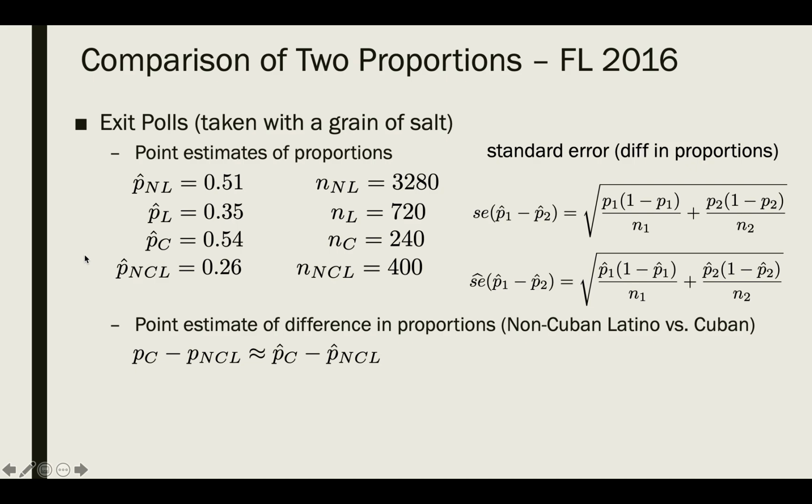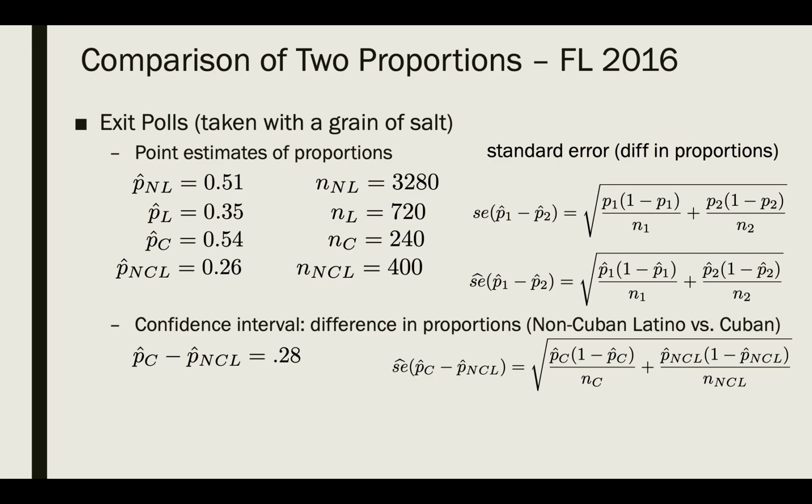So we have the proportion of Cuban Floridians voting for Trump, 54%, minus the proportion of non-Cuban Latinos voting for Trump. So the Cuban portion of the Latino vote versus the non-Cuban portion of the Latino vote. And it's a big difference there, 28 points higher. So the estimated difference is 28% higher support for Trump among Cuban Floridians as opposed to non-Cuban Latino Floridians.